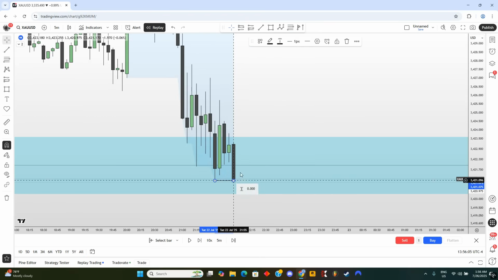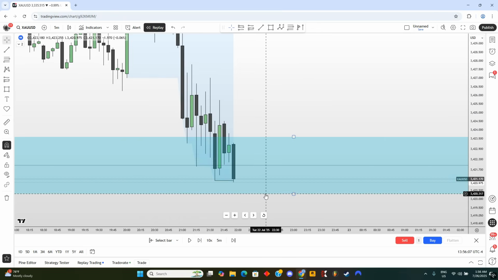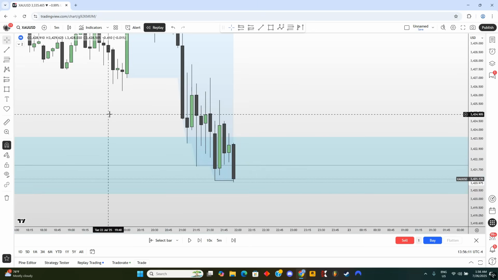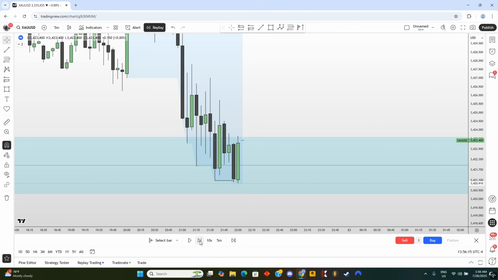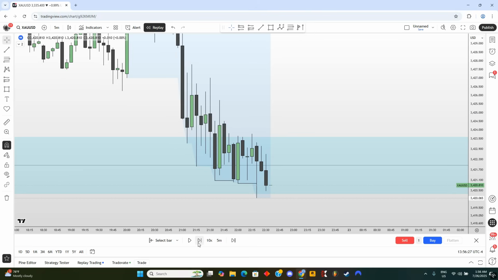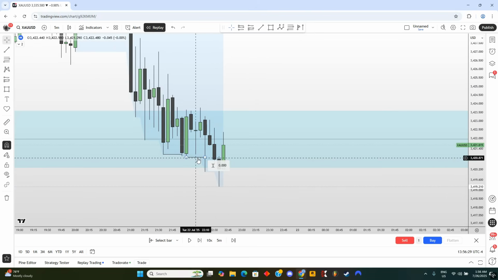So over here we have a liquidity sweep, and let me just make it a bit lighter for you guys. Okay, we have a liquidity sweep, and then we don't have a fair value gap for now, so we cannot look for inversion. But right there, what we have is another liquidity sweep, and eventually we get one more liquidity sweep right there.